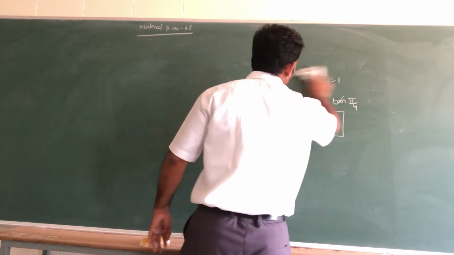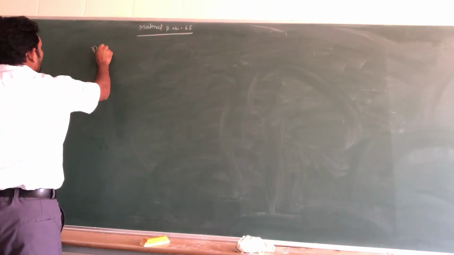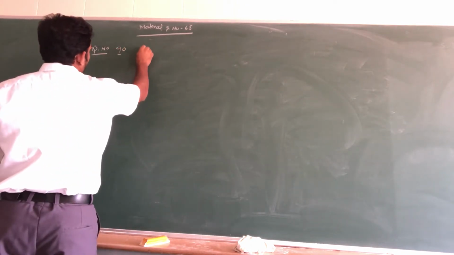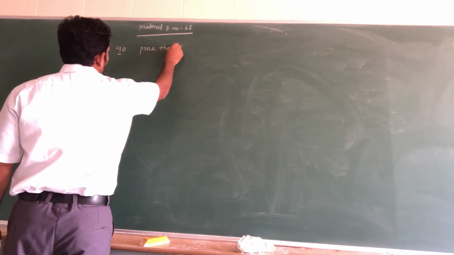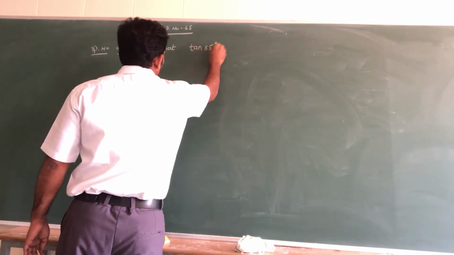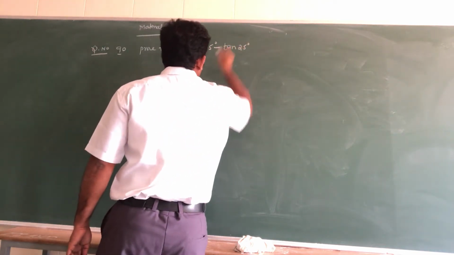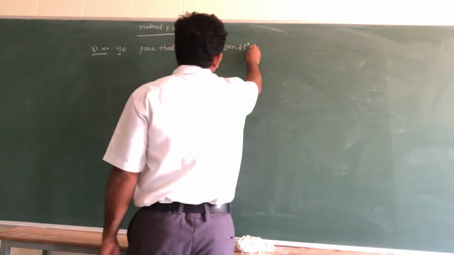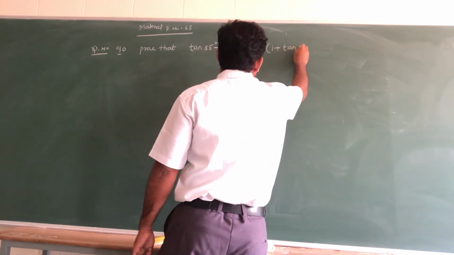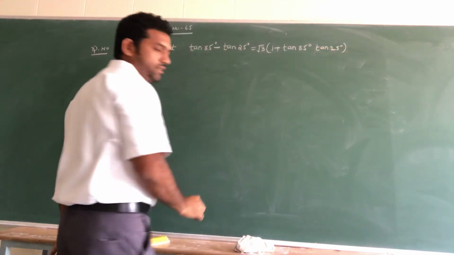Prove that tan 85 degrees minus tan 25 degrees divided by 1 plus tan 85 degrees tan 25 degrees is equal to root 3.